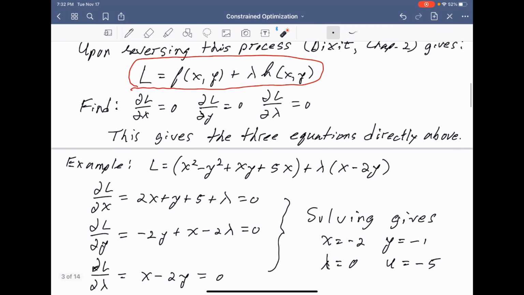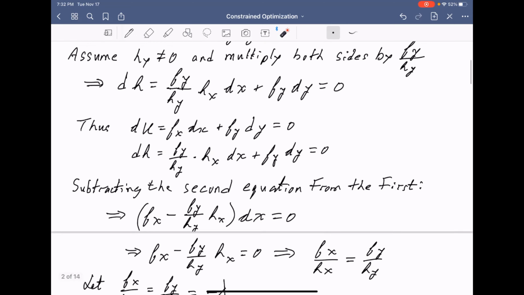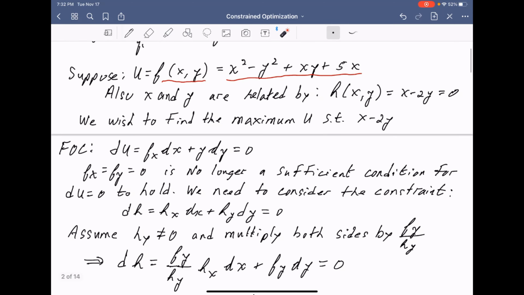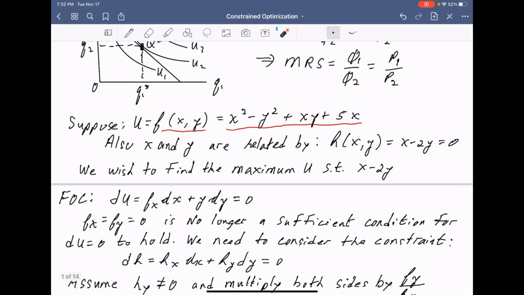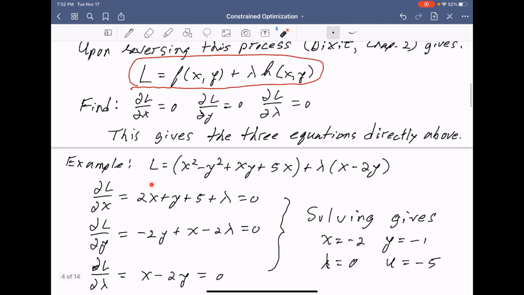So let's consider the above example that we were looking at. This one up here. And we're going to repeat that one right here in Lagrange form. So we get the objective function, that we called a utility function, plus lambda times x minus 2y.